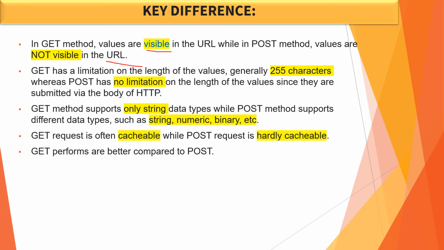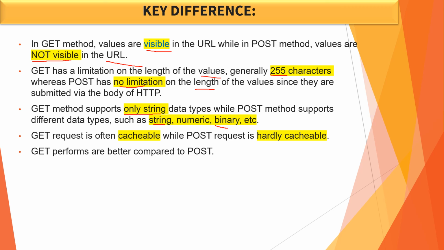Next, get has a limitation on the length of the values, that is 255 characters. Whereas post has no limitations on the length of the values submitted, and they are submitted in the body of the HTTP request. The get method supports only the string data type, while post supports string, numeric, binary, etc.